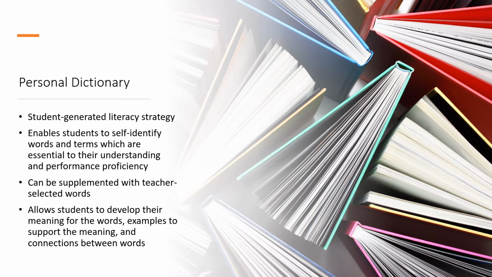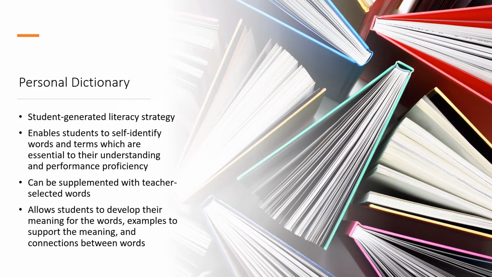Some students are going to be able to self-select those really challenging words in the text that they can identify as being very significant to their successful proficiency, and others are not. It's so overwhelming for them, especially those who we consider to be low literacy proficient.